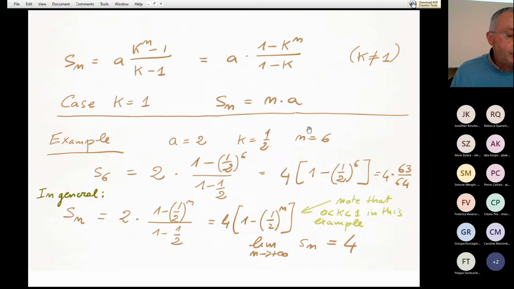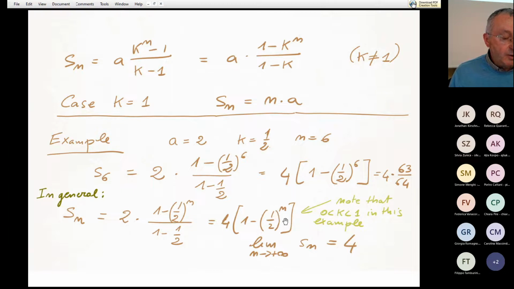Suppose that you want to compute not n equal to 6 terms, but a generic number n of terms. The only thing that would change here would be n instead of 6. The rest will remain exactly the same. Then you have a formula for the sum of the first n terms, which is this one.